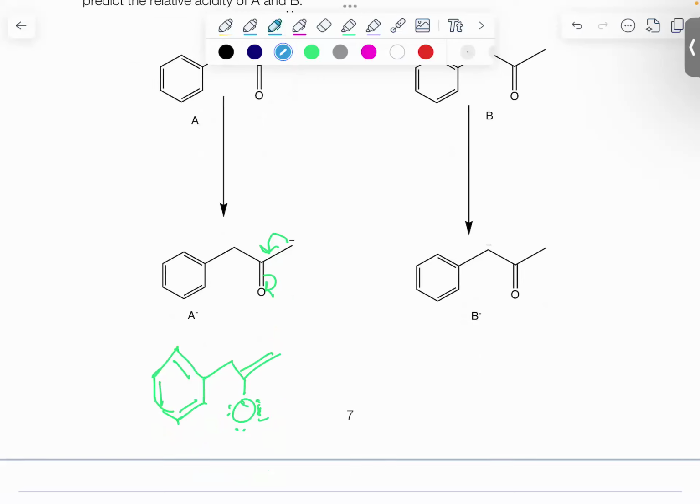So with this one, you have two directions you could go. You could go into the ring, or you could go out of the ring. You go out of the ring, you can do this. You go into the ring, you will do this.